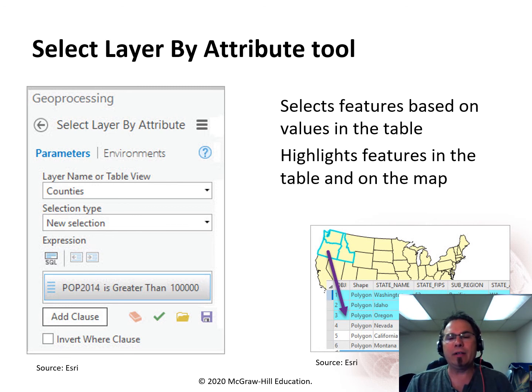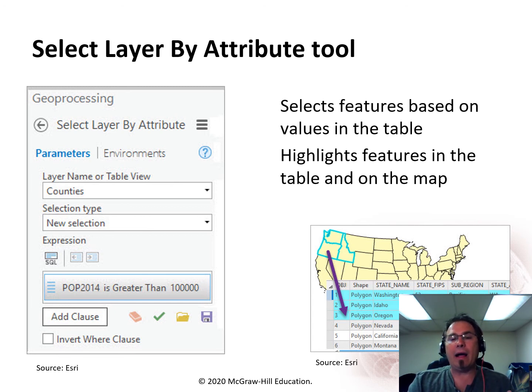If I have, as you can see in the picture on the right, all 50 states and I only need the three in the Northwest, then why would I want to carry around all those other ones? I can grab those, and then it'll ask what you want to do with it. You have options: you can save them, or maybe just run statistics on them if that's all you care about.